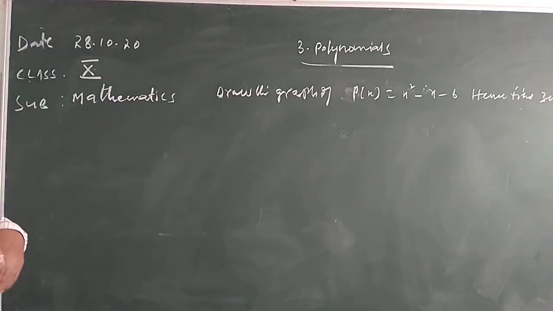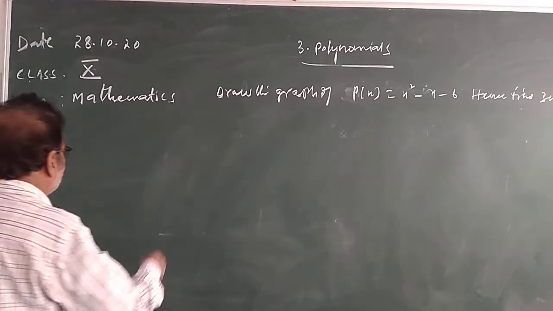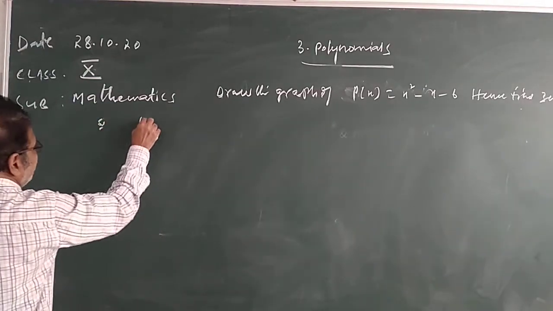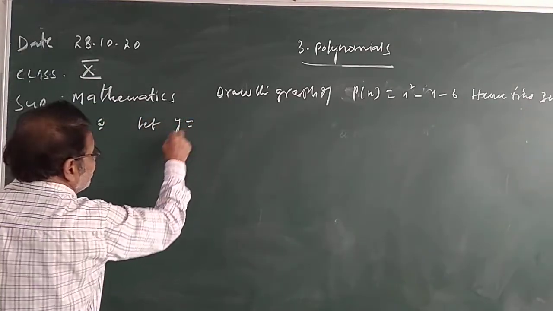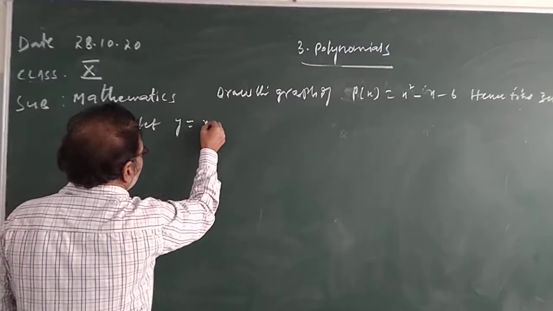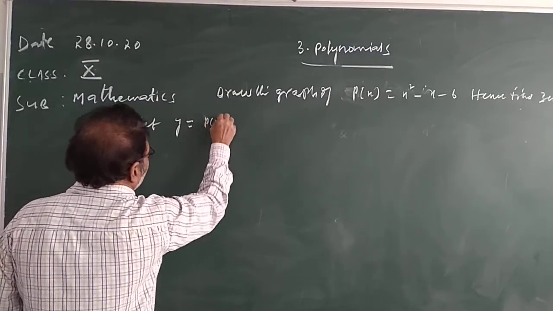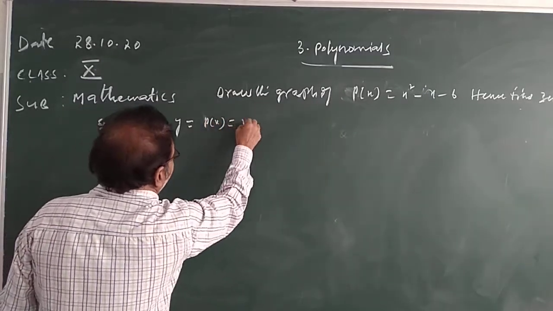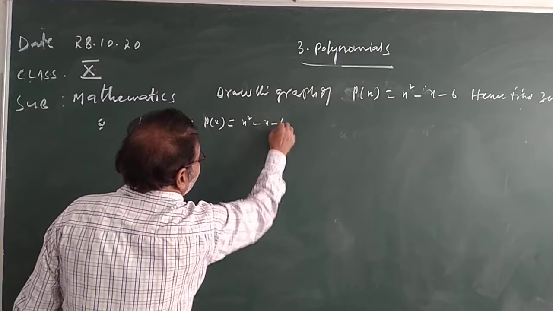So, x square minus x minus 6. What you have to do is let the given polynomial be y. y is equal to p of x, which is x square minus x minus 6.